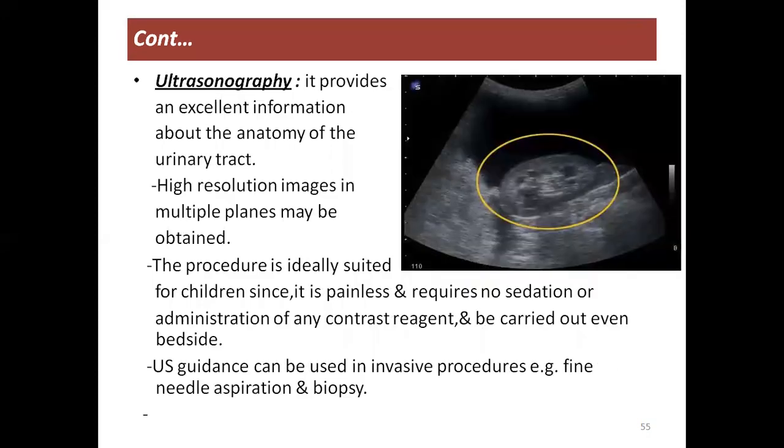Also, we have ultrasonography, which provides excellent information about the anatomy of the urinary tract. High resolution images in multiple planes may be obtained. The procedure is ideally suited for children also. It is painless, requires no sedation or administration of any contrast agent, and can be carried out even at the bedside. Ultrasonography guides us in invasive procedures like FNAC and biopsy, so this is a handy procedure where we can get the exact location of the organ.